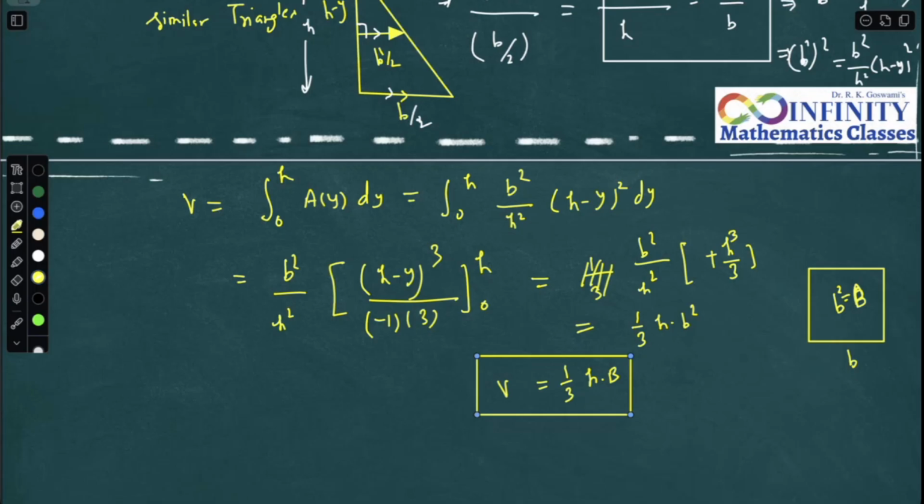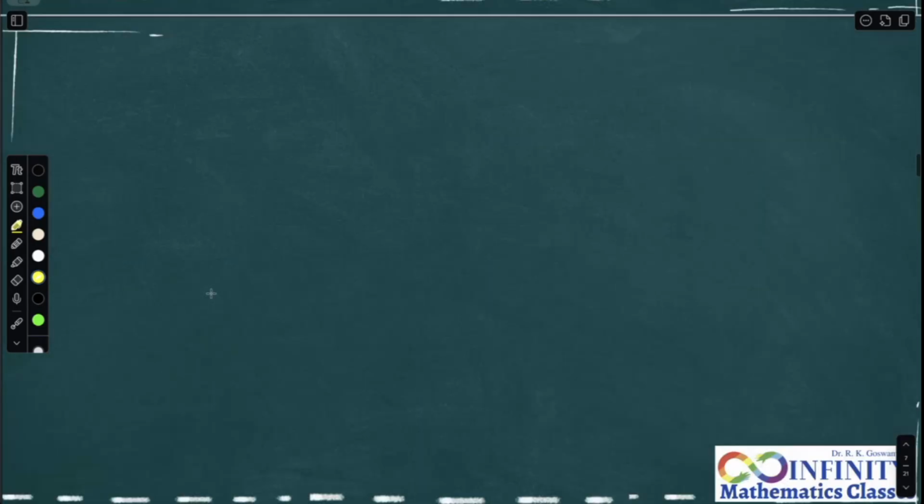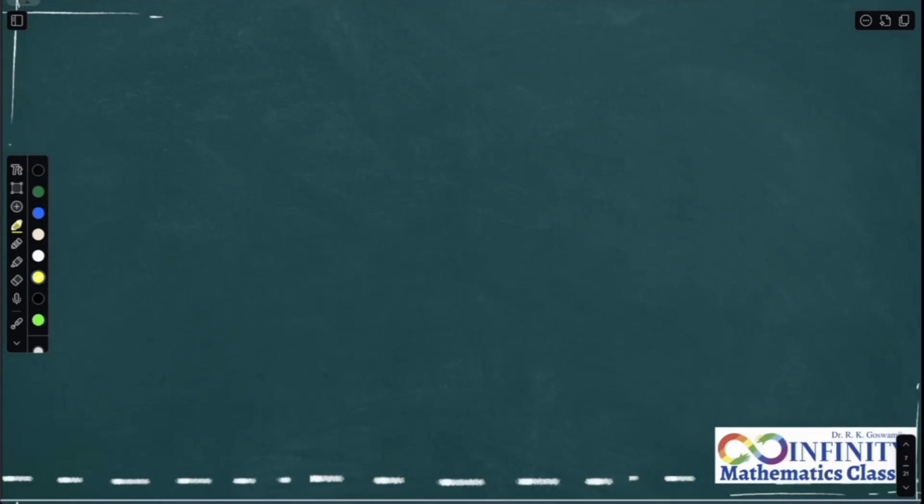So now should we try some question based on the same, or should we go for something else? We can try another question similar to this. Okay, give me a second. I'm just giving you a chart from another source.